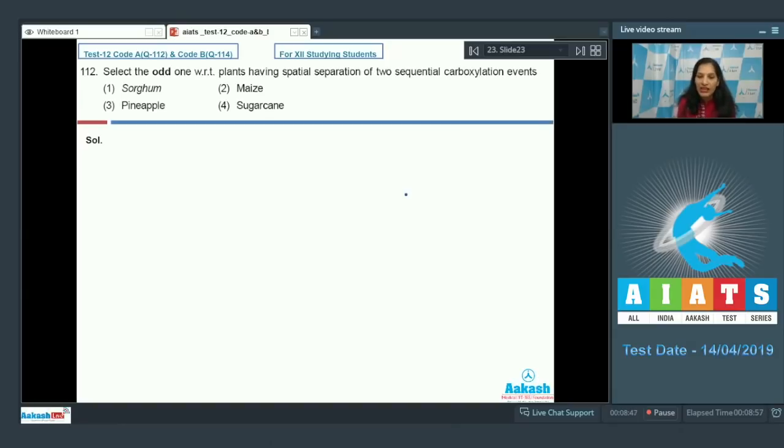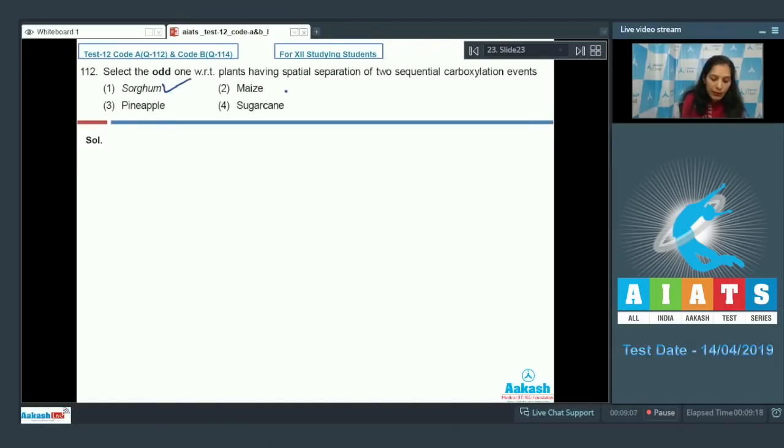In case of C4 plants, as we just discussed, the mesophyll cells and the bundle sheath cells are 2 different types of cells in which carboxylation takes place twice. The primary carboxylation takes place in the mesophyll cells, and then the bundle sheath cells have the second carboxylation event.